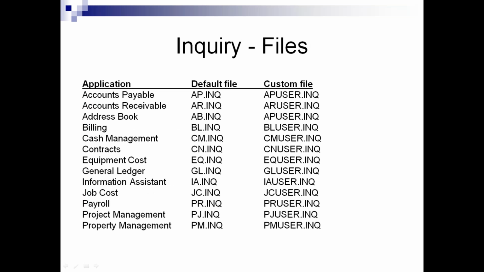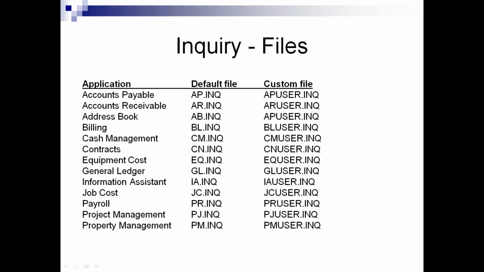Now, in your handout on page 1, sort of in the middle of that page, the files for inquiry. When you first get the software and install, each application has a default file, and these files are located in the inquiry folder underneath accounting within Sage.